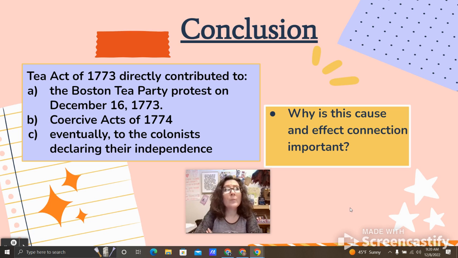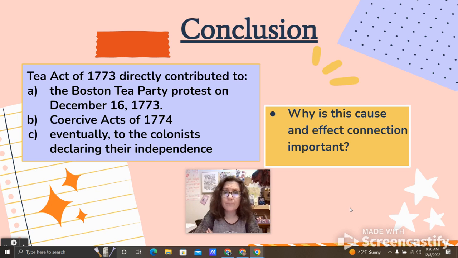And you often wonder, back to that question, if this didn't happen, would we have still had independence? Now, again, tea was not the only thing, and taxes were not the only thing. You had the Boston Massacre, you had the Battle of Lexington and Concord, the Battle of Bunker Hill, you had other things. But this was tea itself, and the Tea Act was extremely significant, which had that cause and effect connection.